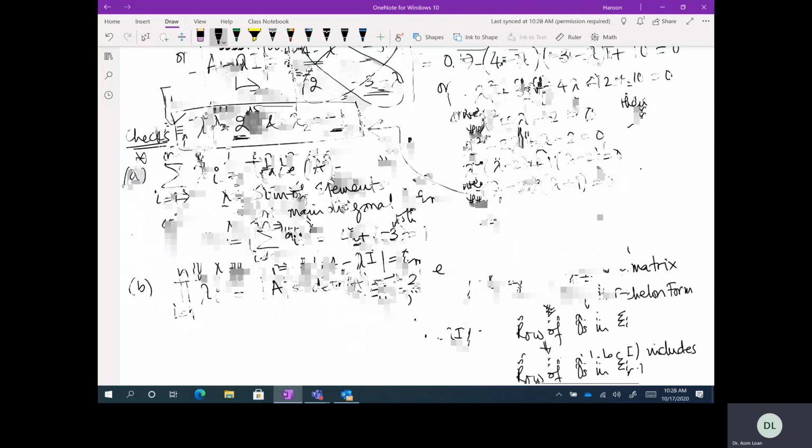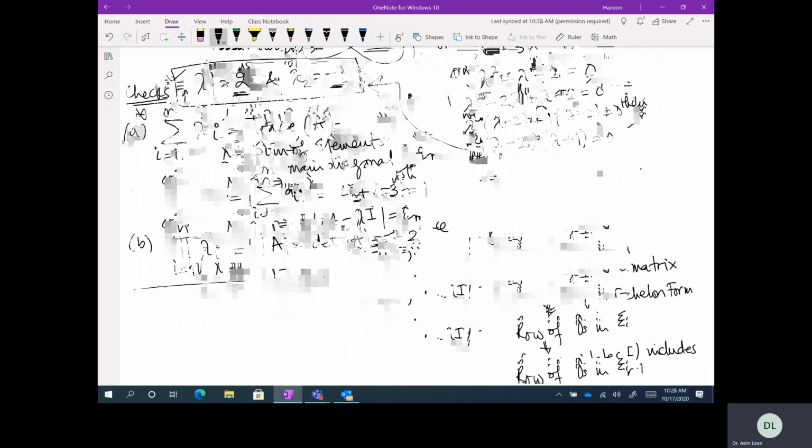Similarly, if it is negative, it's called negative definite, and if it is negative or 0, negative semi-definite. When we do quadratic forms, we can see this. It is also a check whether your matrix is singular or non-singular. So always try to check your answer. The sum of the eigenvalues is the trace, and the product of the eigenvalues is the determinant.